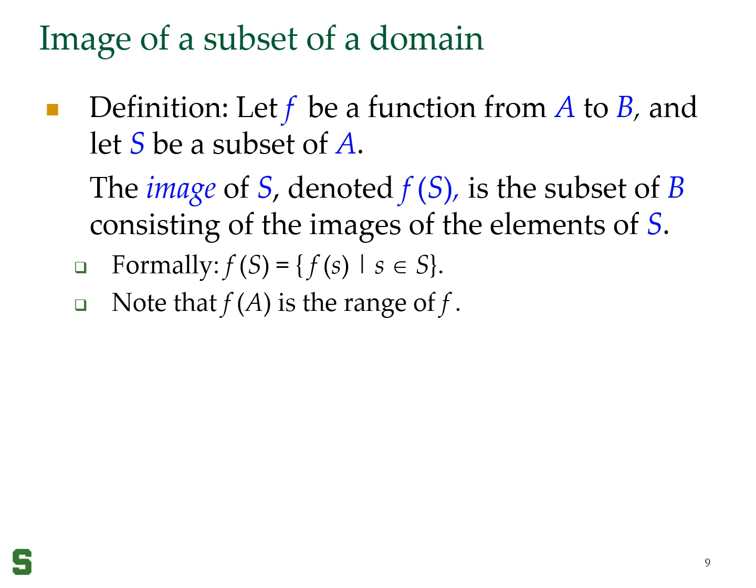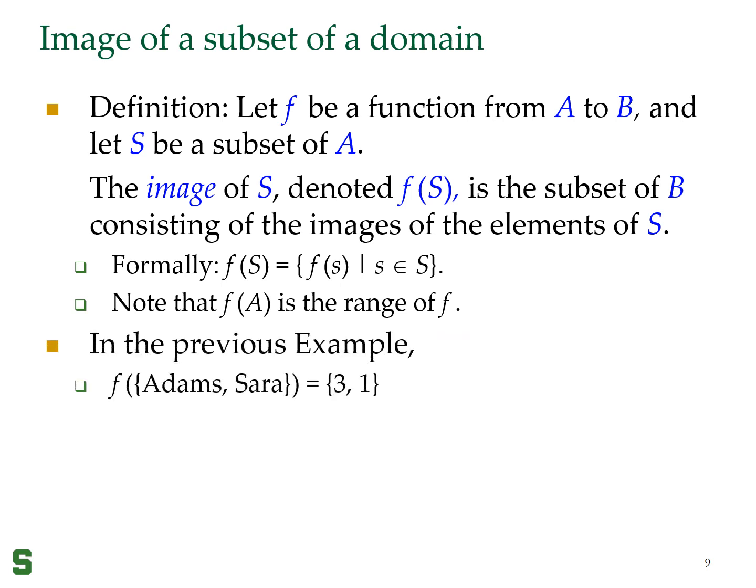Note that if I set S equal to A, that means I take all elements in A, then f of A is basically the same as the range of f. So in the previous example, if I look at the set S as Adams and Sarah, then f of Adams and Sarah would be 3 and 1.